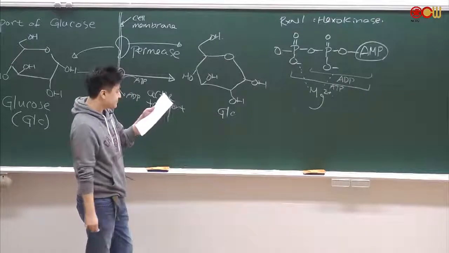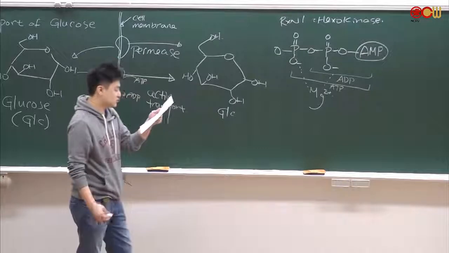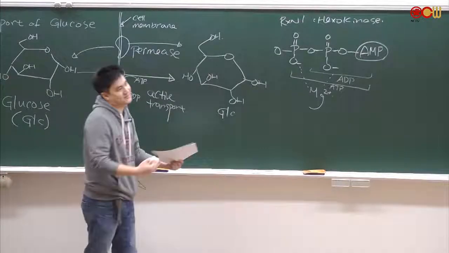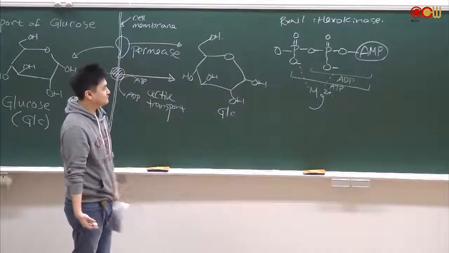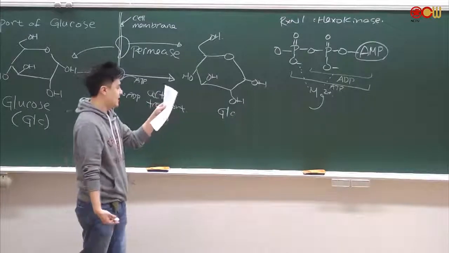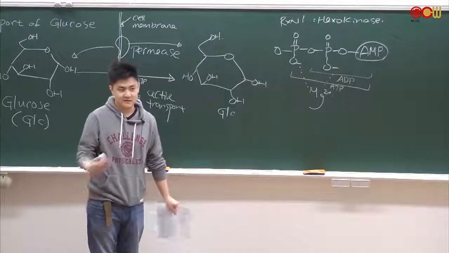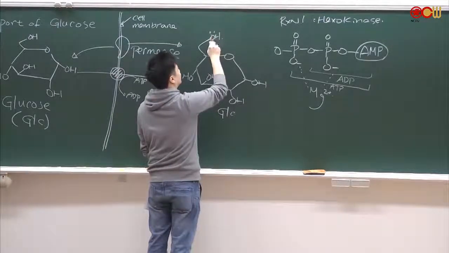I can tell you right now, this reaction is kind of like a transesterification reaction. We're going to start with a nucleophile and an electrophile. In this case, the nucleophile is going to be the sugar.